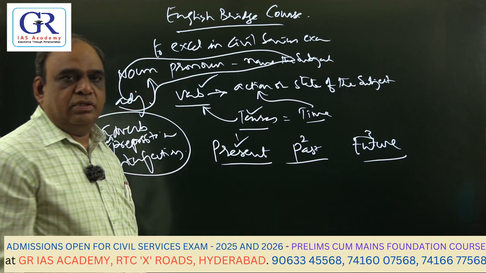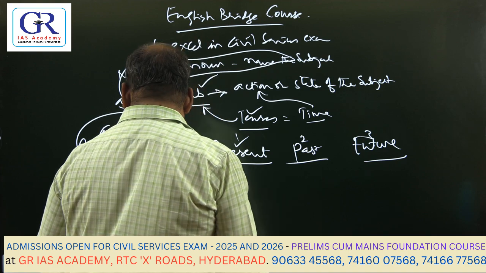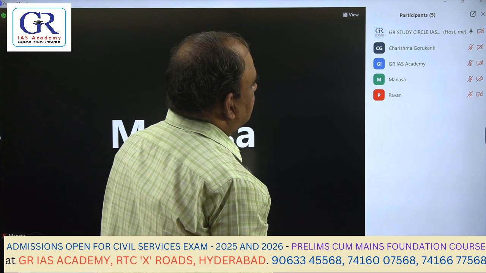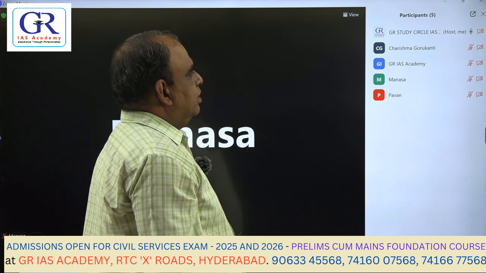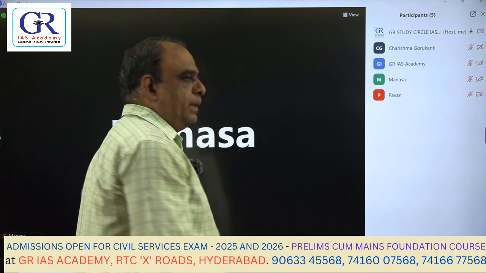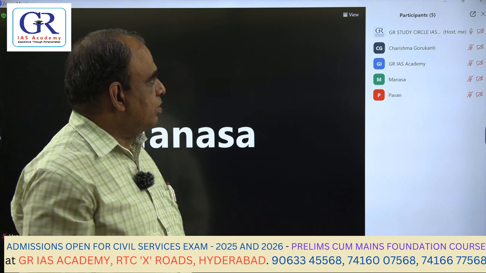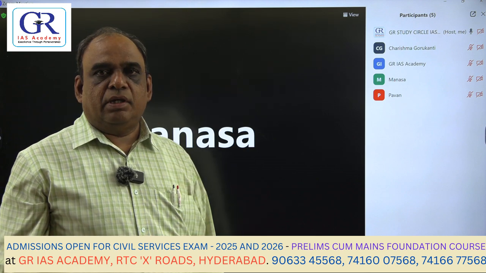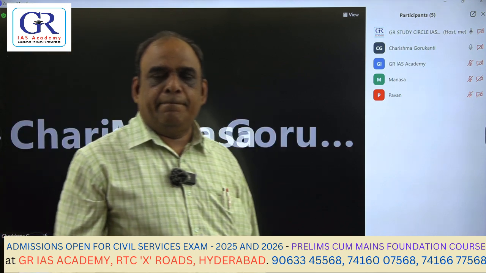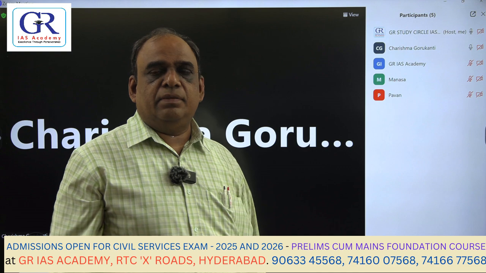Any doubts? Can you speak? How many of you are there? Yeah, Charishma, Manasa, Pavan. Can you tell me if you have any doubts? Have you understood till here? Charishma, unmute yourself and tell. Do you have any doubts till here? No, sir. Right. Manasa, do you have any doubts till here?